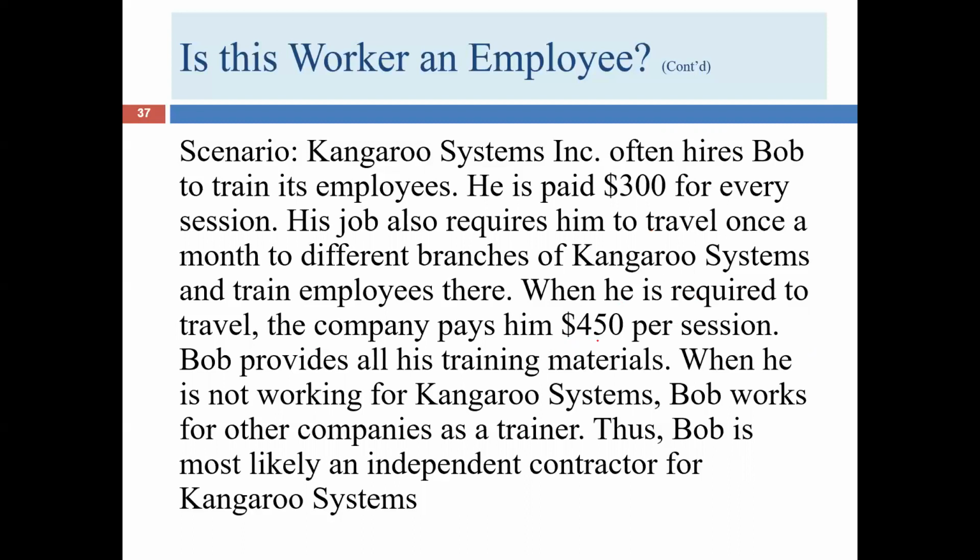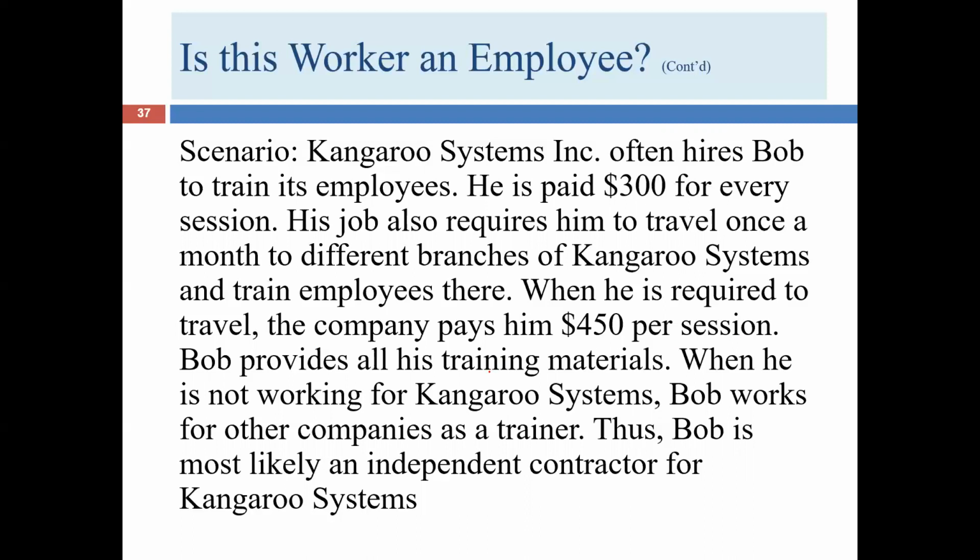He's just being given more money, a flat amount, $150. Maybe it only costs him $50 extra to travel to one location. Maybe another location it costs him $200 to get to that new location. But the company gives him a flat fee for that. So the fact that he's not getting his mileage is an indication that he's an independent contractor.